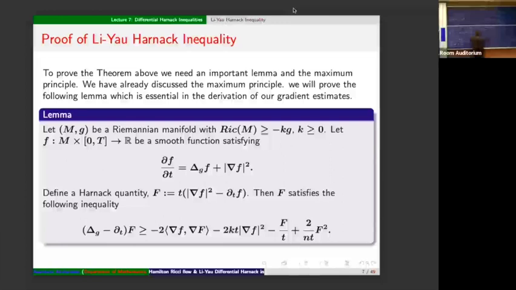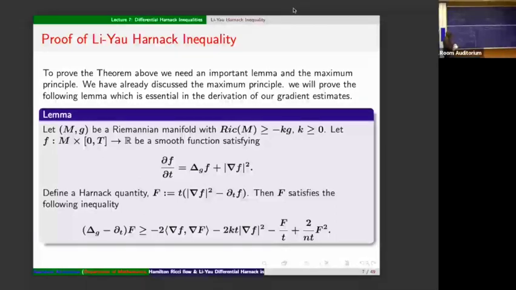Then the Laplacian, that is the second order derivative, will be less or equal to 0. And we also know that the partial derivative of f in time at the point x naught, t naught, where f reaches its maximum, is greater or equal to 0. It's just like the way the maximum principle was proved yesterday. We can combine that together with this equation here.